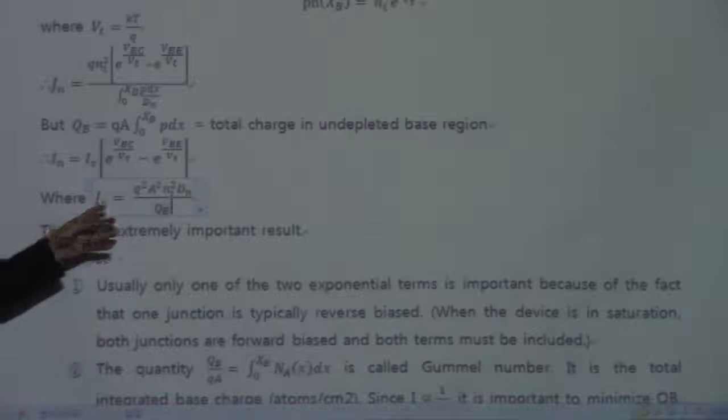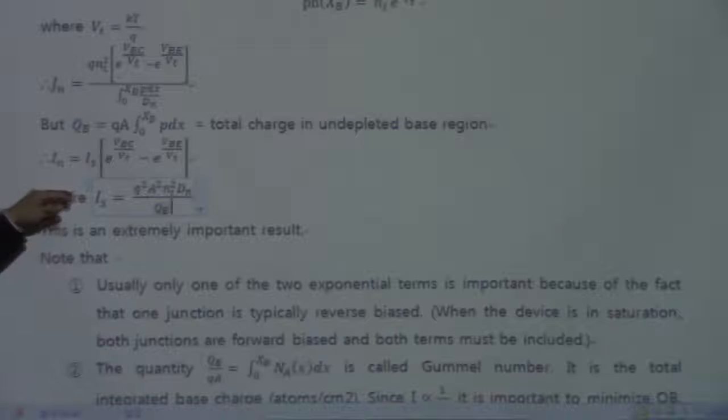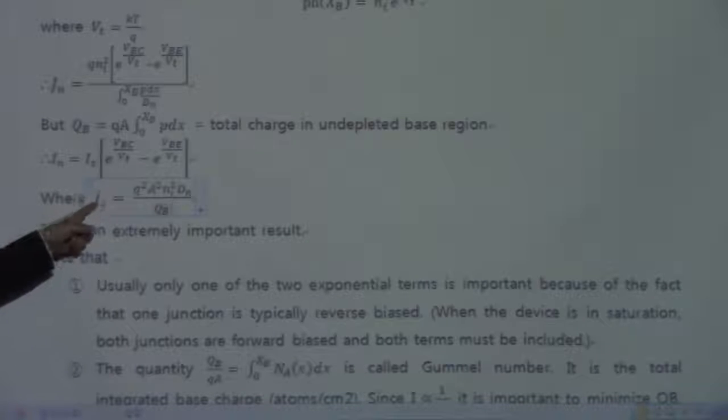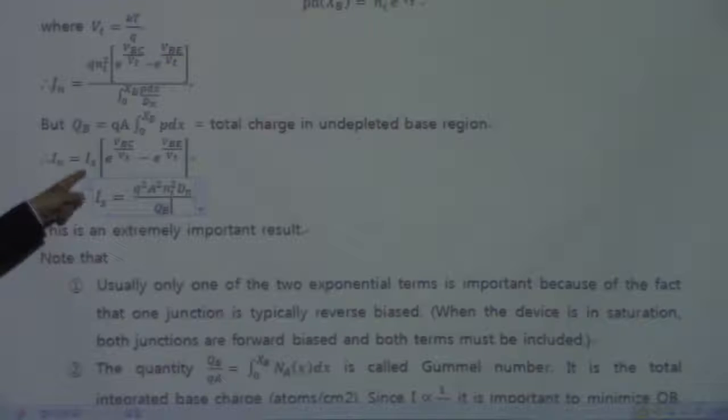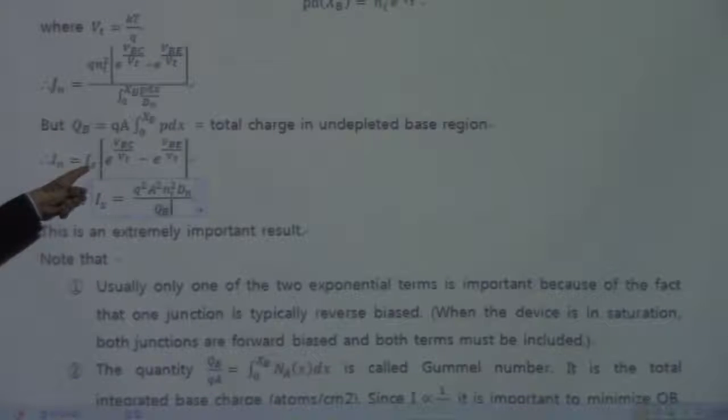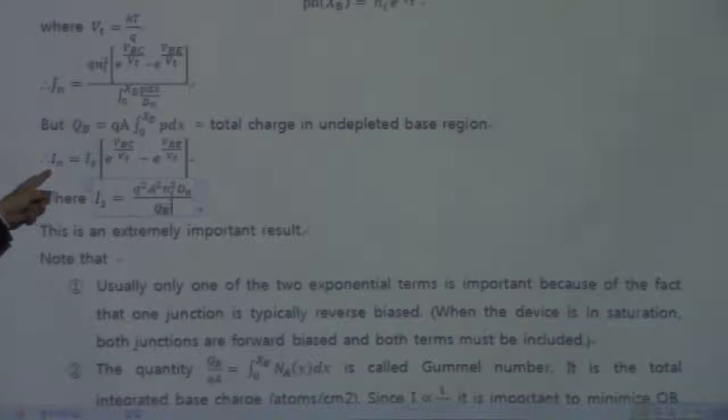So immediately you can see that you should dope the base very lightly to get a high value of the saturation current, and that high value of saturation current is directly related to the high current of electrons to the base. We want to make this as big as possible. Okay? This is an extremely important result.